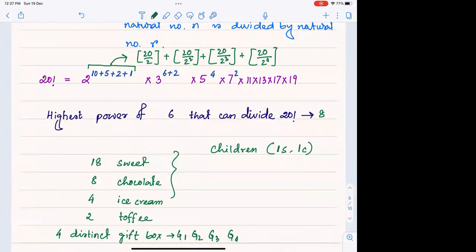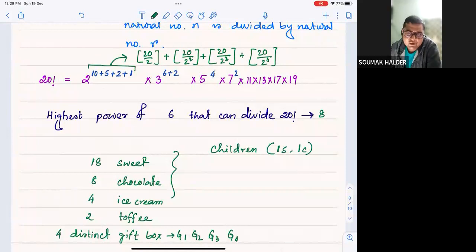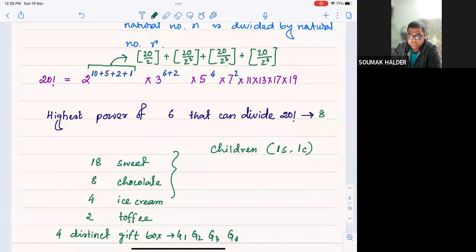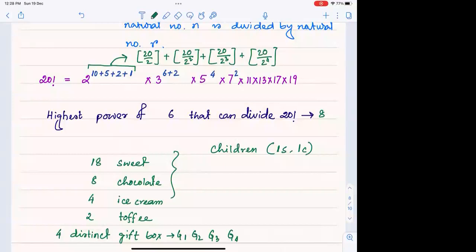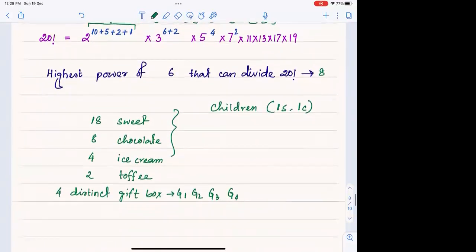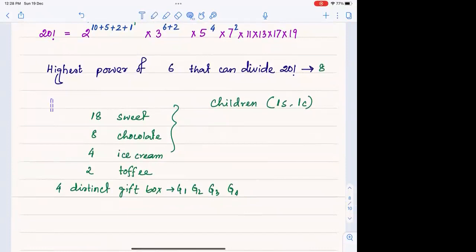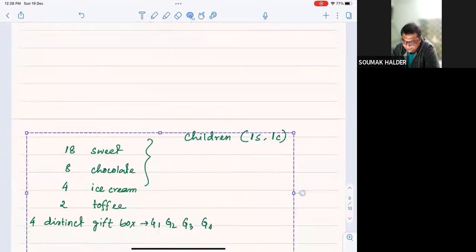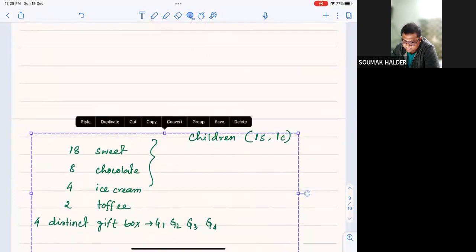No, sir. 2 to the power 5 is 32, itself more than 20, so we must not have any contribution from there. There were no such numbers which have 5 number of 2s, right? Is it justifying the fact? Yes. So the highest power of 6 that can divide 20 factorial, is the idea clear? Yes, sir.